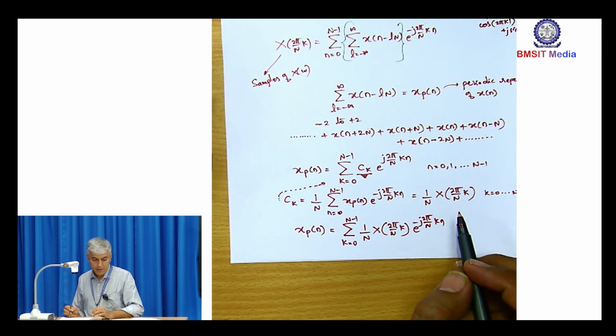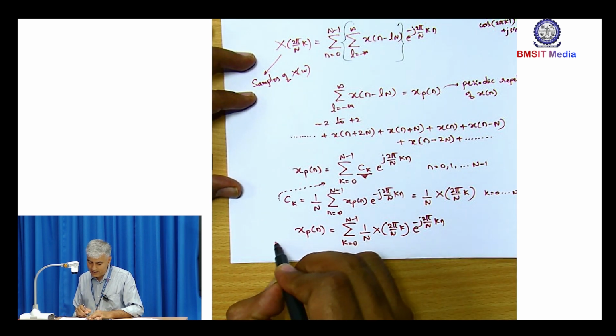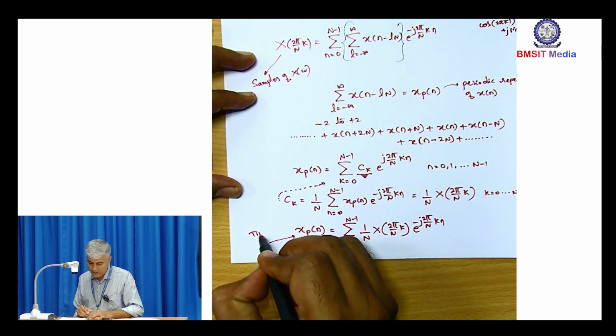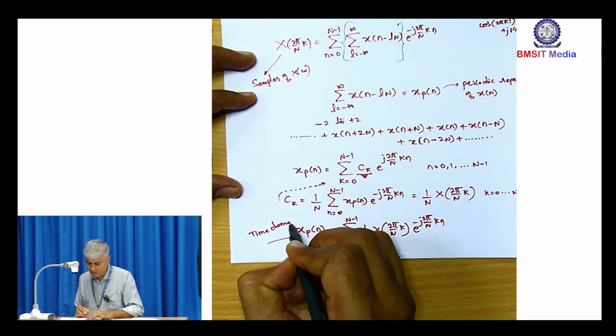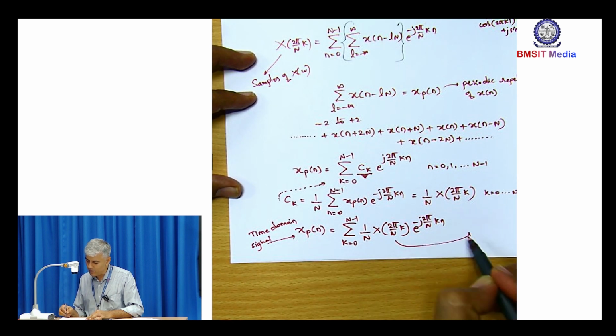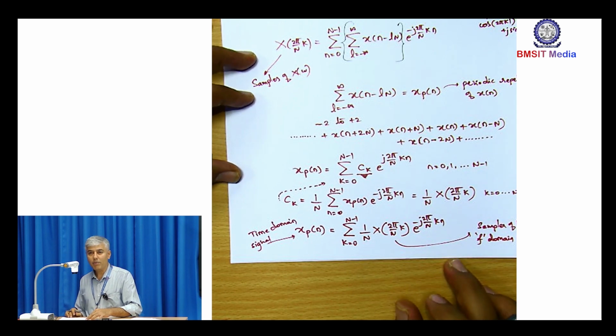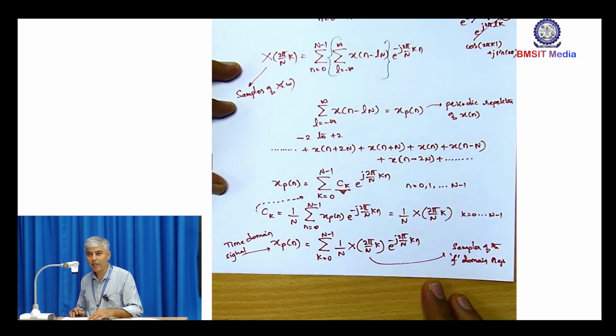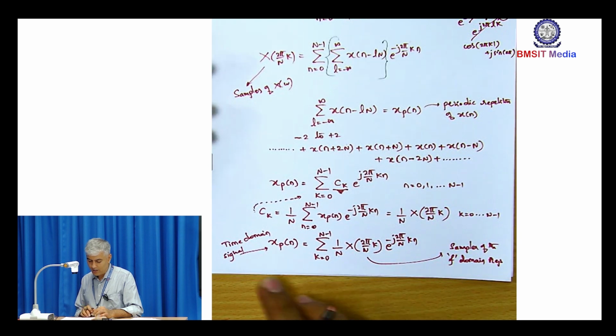On the left hand side you have the time domain signal, and on the right hand side you have samples of the frequency domain representation. So from the samples of the frequency domain representation, the time domain signal can be obtained.